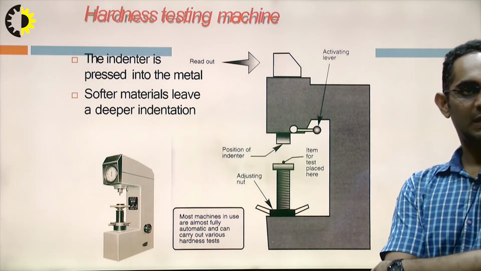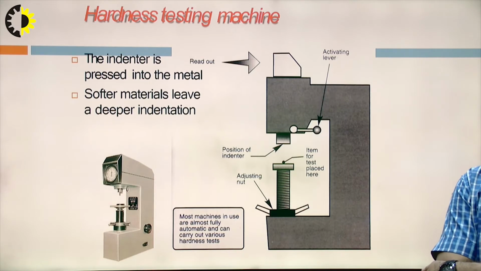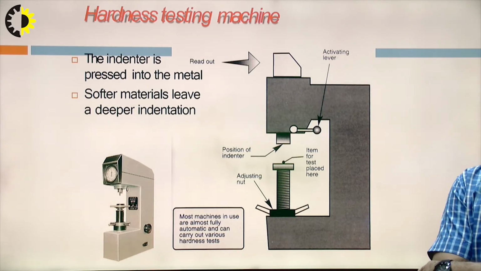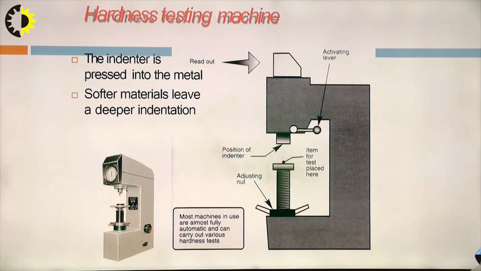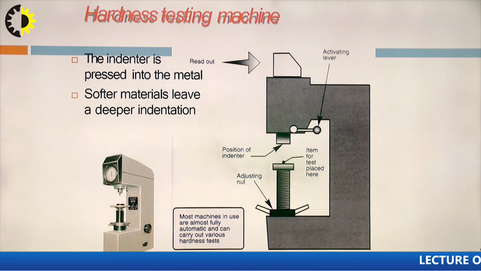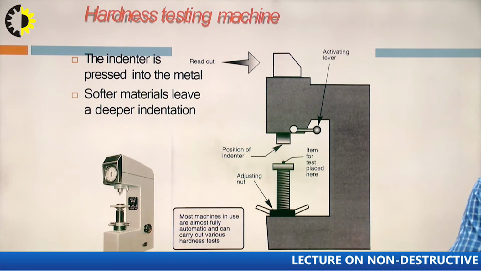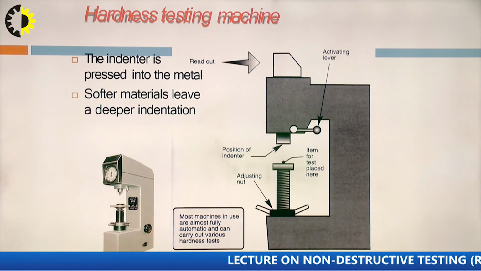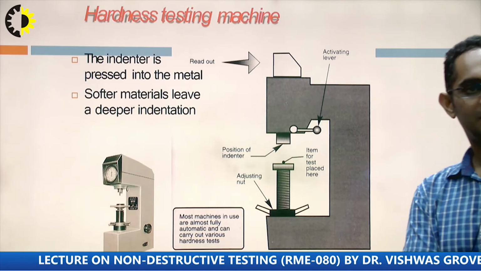Then the hardness testing machine. As you have observed, this is the hardness testing machine. In this there is an indenter, which is pressed into the metal. This is the readout, and this is the activating lever, which is pushed.